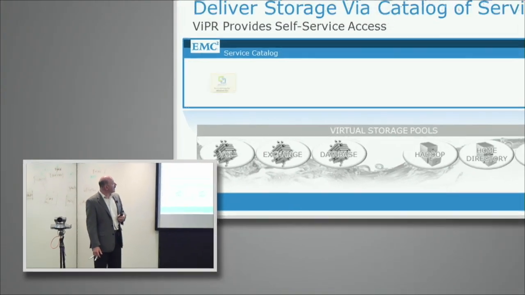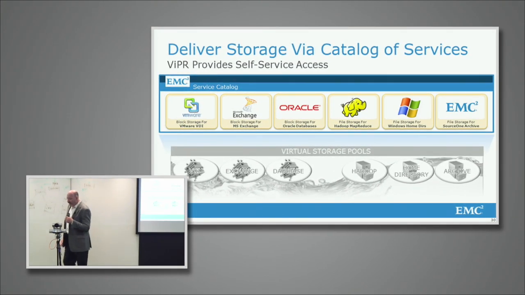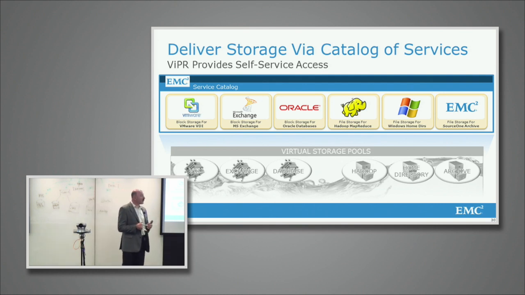But let's talk about the service catalog. Every provisioning operation that's available to the controller is wrapped into what we call a service. There are about four dozen or so different services, maybe a little more, which could be aggregated into categories.